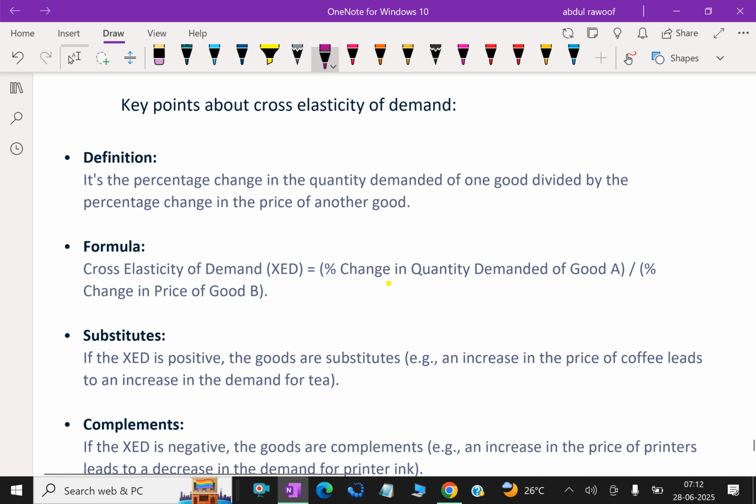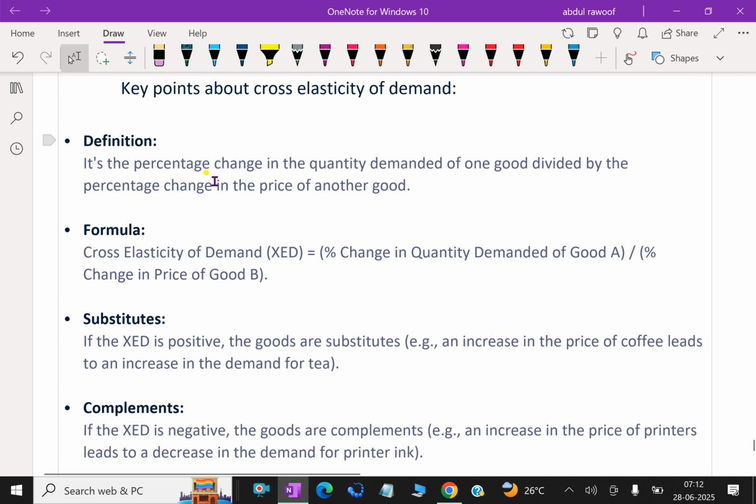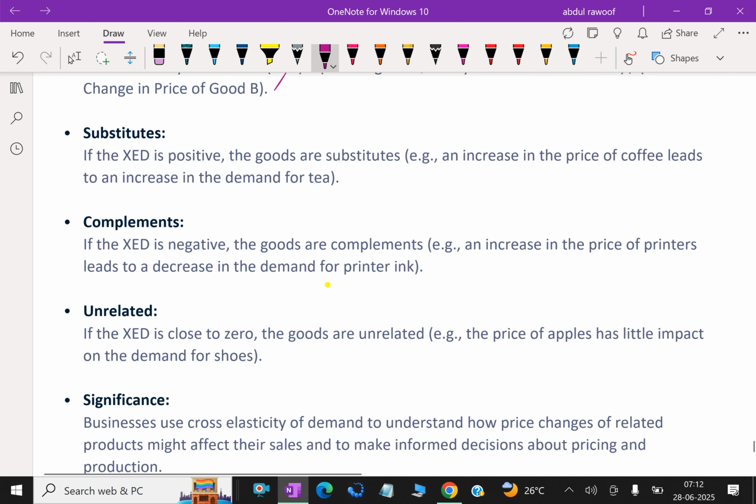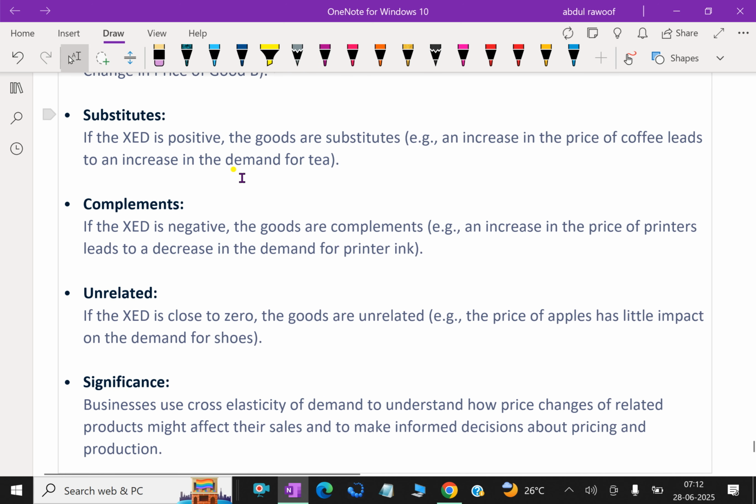The key points. What is the definition? It's the percentage change in the quantity demanded of one good divided by the percentage change in the price of another good. XED is equal to the percentage change in quantity demanded of good A divided by the percentage change in price of good B. If XED is positive, goods are substitutes.